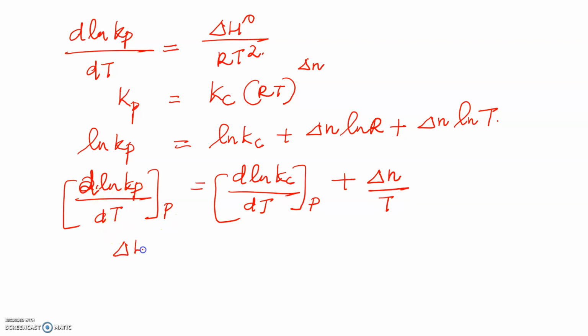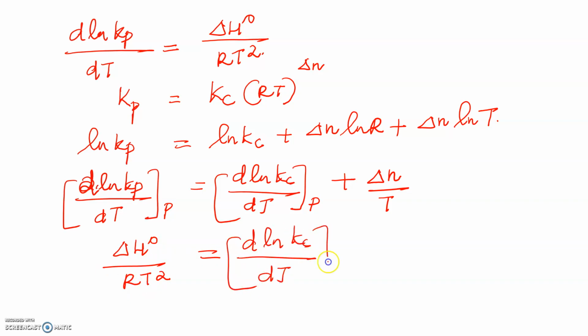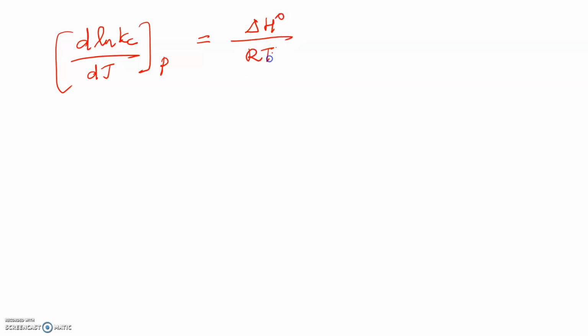That is delta H0 by RT squared, equal to d ln Kc by dT at constant pressure plus delta n by T. Now let's rearrange: d ln Kc by dT at constant pressure will be equal to delta H0 by RT squared minus delta n by T.